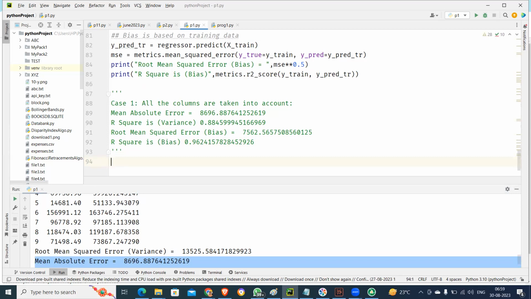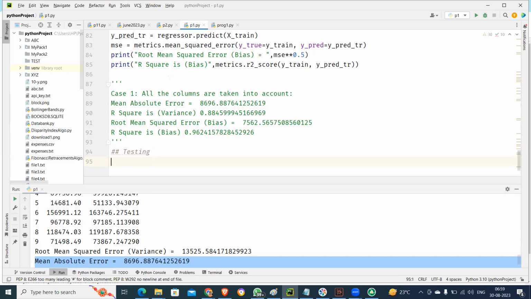For that purpose, if you are doing linear regression, we have the OLS test. We will perform the OLS test and see the impact of each of the columns on the final prediction. So I'm going to say here testing. Initially we started with 4 columns, correct?